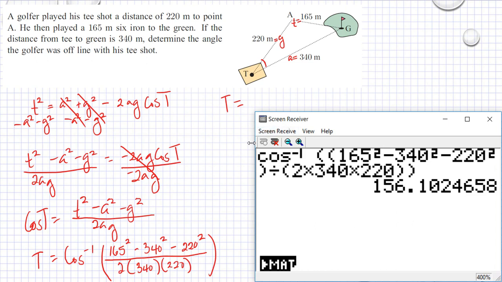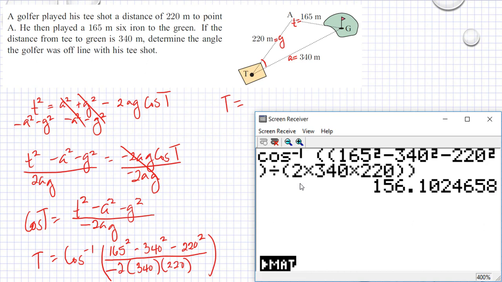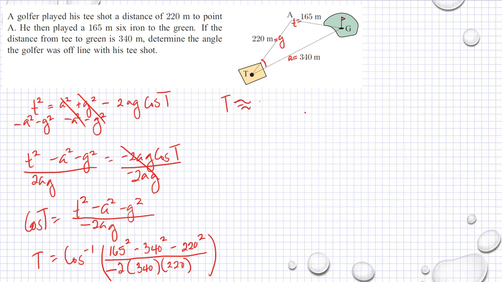And I forgot to tell you that it's minus there. Okay, then we have to change the -2. No, it is approximately 24 degrees. Approximately 24 degrees.